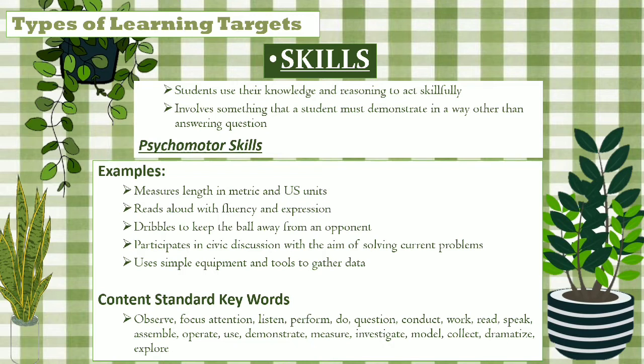Examples of skills are measures length in metric and US units, reads aloud with fluency and expression, dribbles to keep the ball away from an opponent, participates in civic discussion with the aim of solving current problems. And the last example: uses simple equipment and tools to gather data.